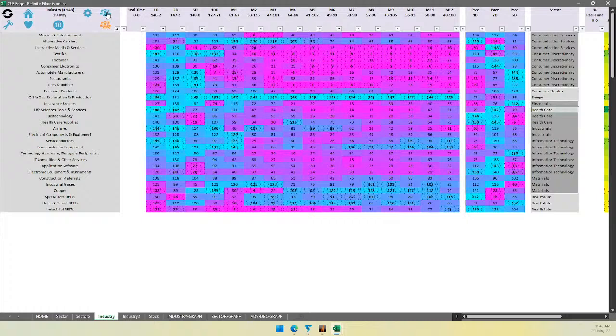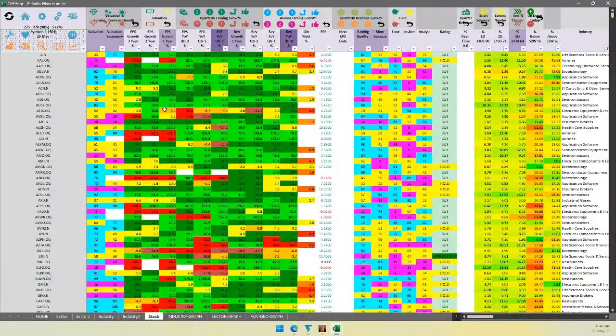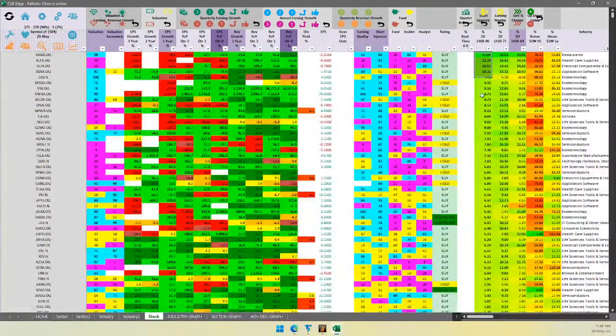And let me drill down for now to S&P 1500 stocks. These are the stocks. If I sort by Friday's percentage, you can see many of them went up by very large percentage.